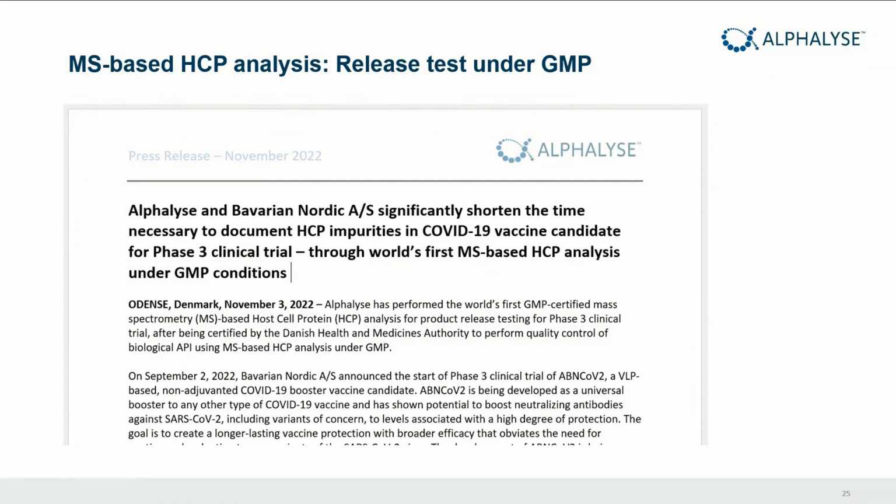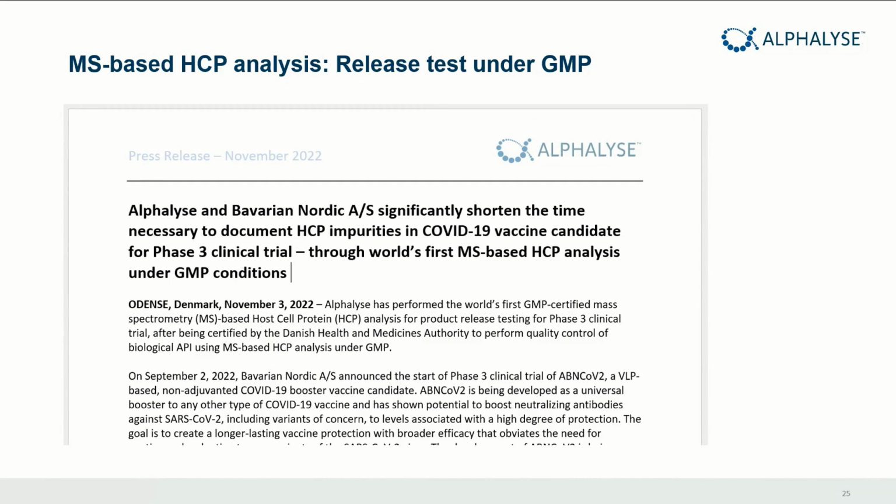There was no HCP ELISA available, and with short development timelines, there was no time to develop a process-specific ELISA. And then within 6 months, we managed to validate the method and do release testing under GMP, and the project is now in clinical phase 3. So this was released without using any ELISA at all.